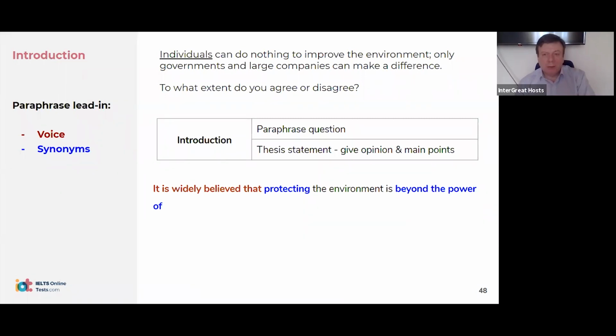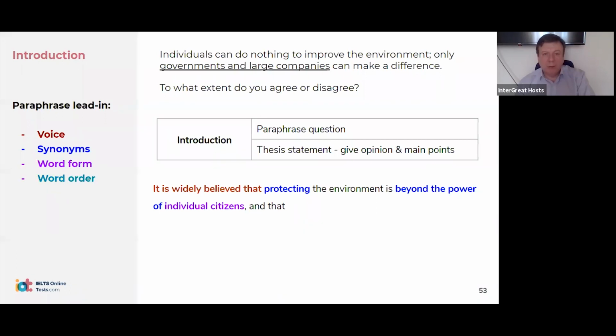So what can we transform that? So let's have a look at word form here. Yeah, citizens. Good. Individual citizens.